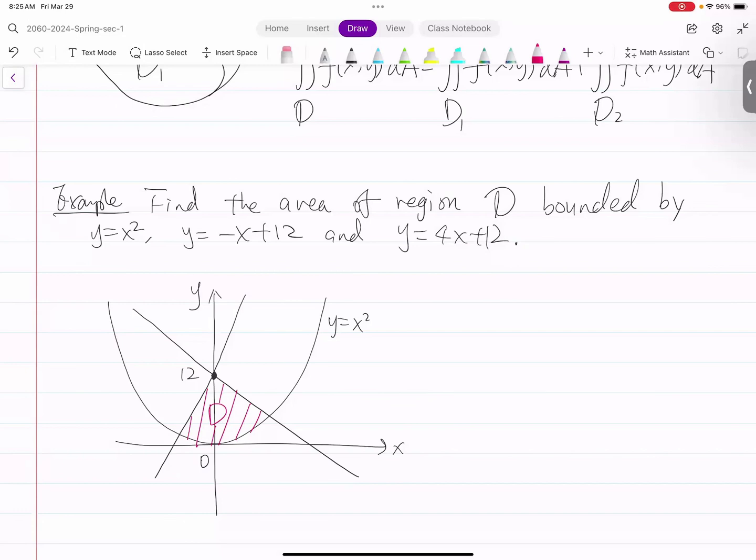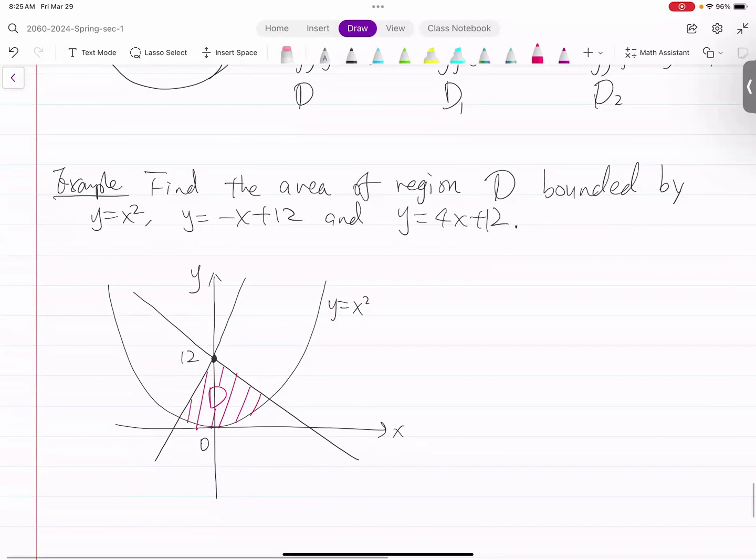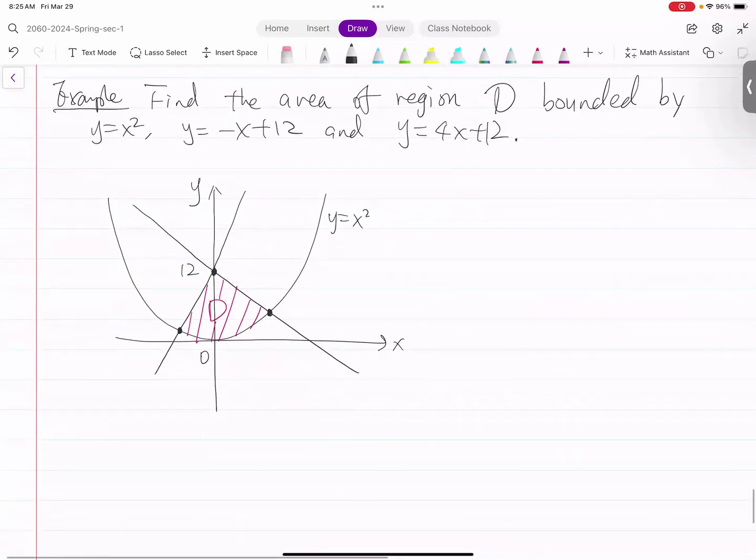Now, just following the logic that we have been doing for these regions, we definitely care about the intersections. Here we have the parabola and two lines, so there are two systems of equations that we need to solve. The intersection can be solved by the following.